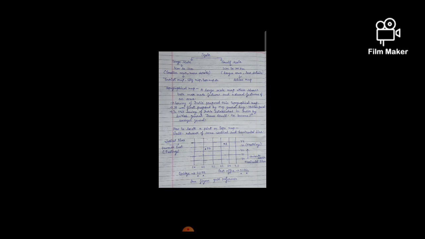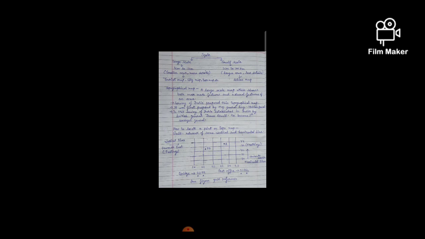So the vertical lines are called eastings because they are increasing towards east. And the horizontal lines increasing towards north, these lines are called northings. I have given in the picture number of lines, and for vertical lines I started from 20 and increased it 21, 22, 23, 24 and 25.